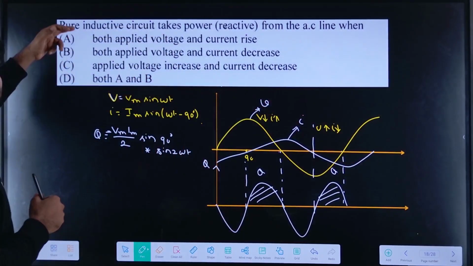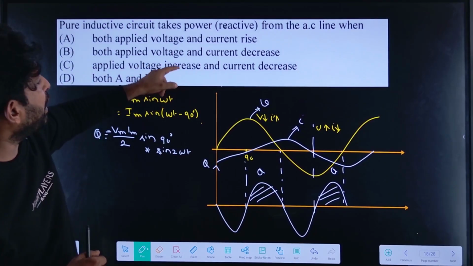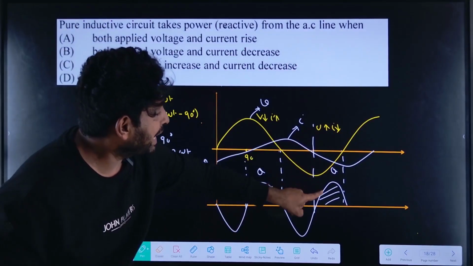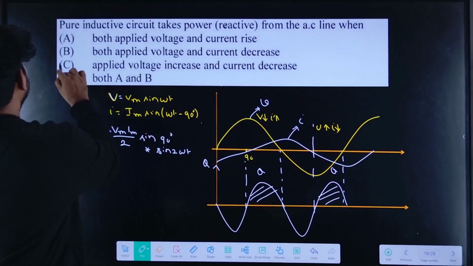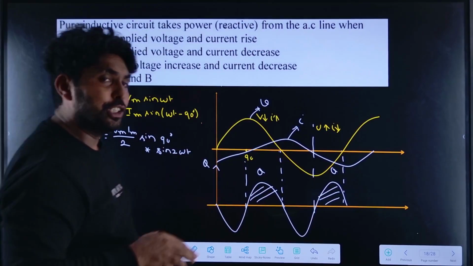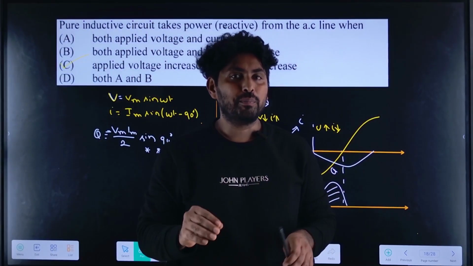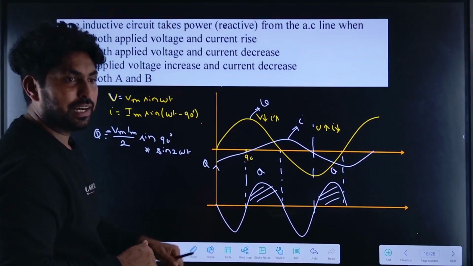So among the options, in case of option 3, the applied voltage increases and the current decreases, it takes reactive power from the AC line. So option C is the right answer. If you know the concept, you can solve it in less than a minute, but to explain the concept, I took all these terms, right?